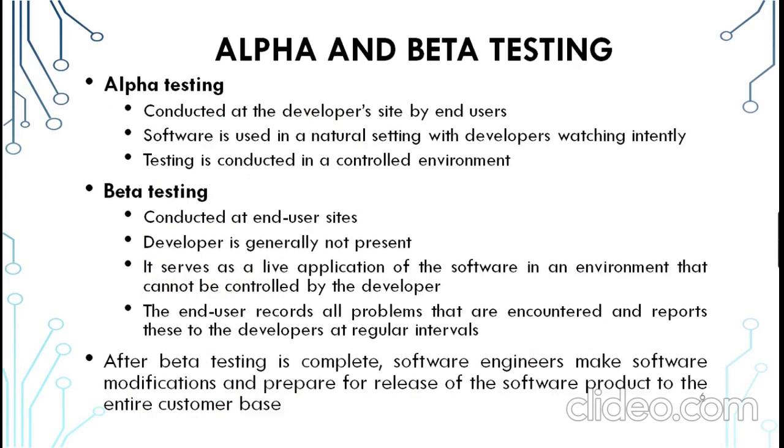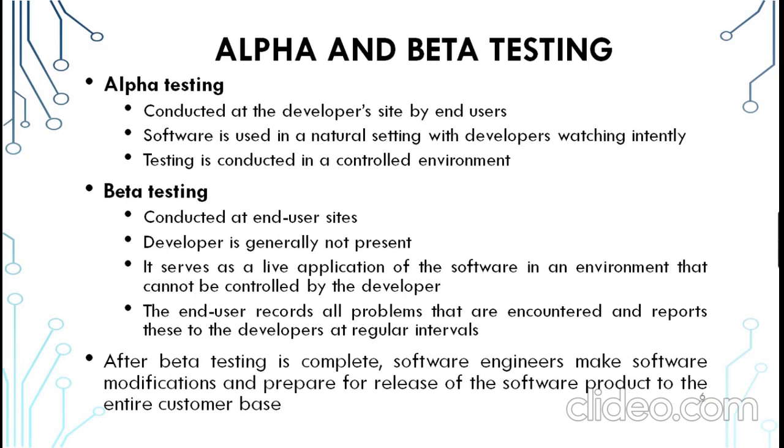Alpha testing and beta testing. Alpha testing is a type of software testing performed to identify bugs before releasing the product to real users or to the end user. Whereas beta testing is performed by clients who are not part of the organization.